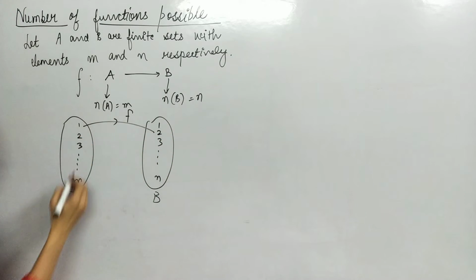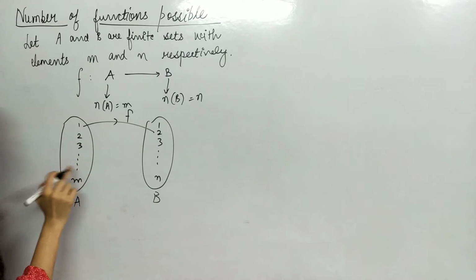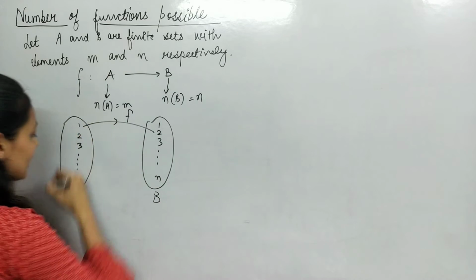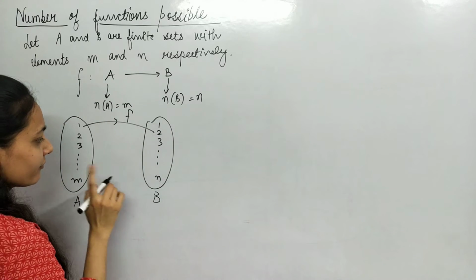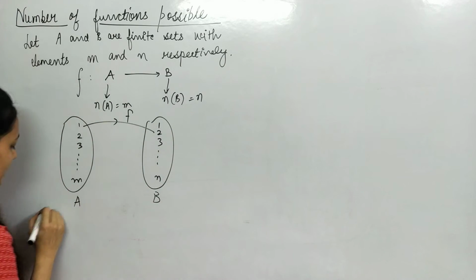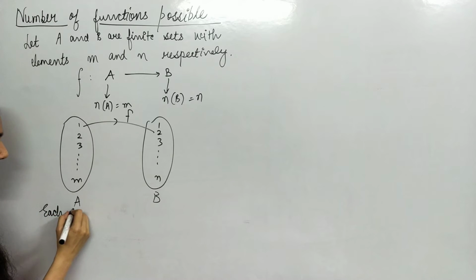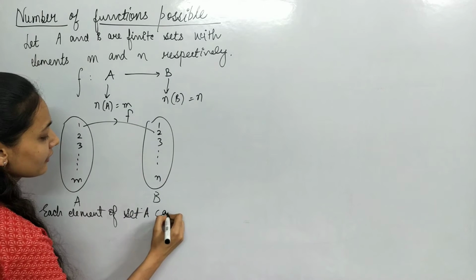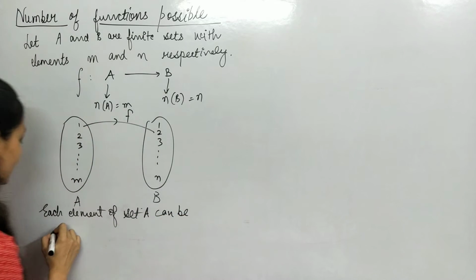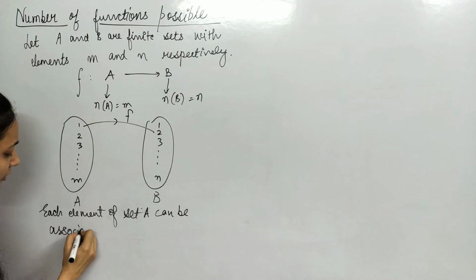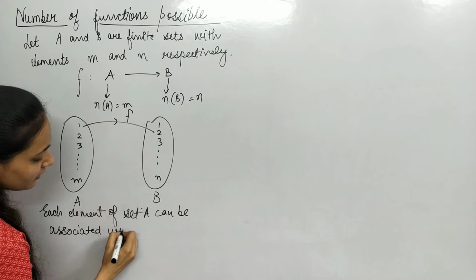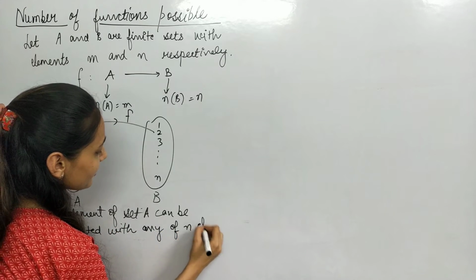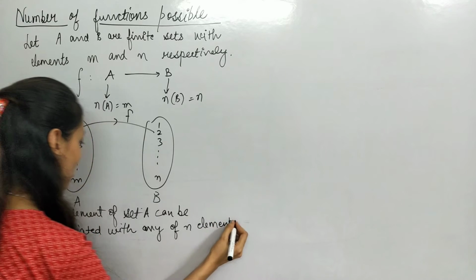Now each element of set A is mapped to B by the definition of a function. So we say that each element of set A can be associated with any of the N elements of set B.